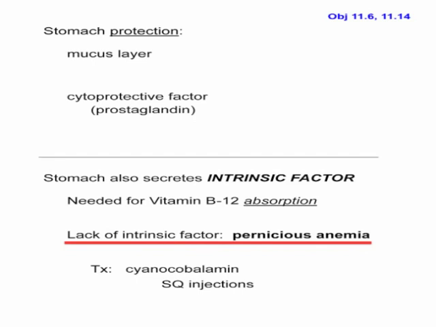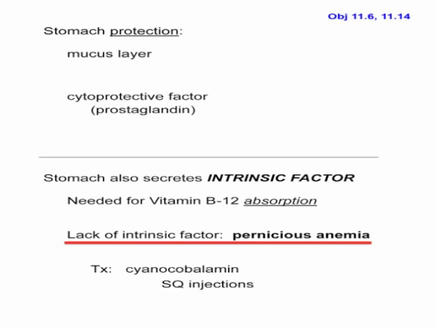The mucus layer is created or released by prostaglandins, a cytoprotective factor. Prostaglandin is affected by certain drugs, especially NSAIDs and steroids. They block prostaglandin production. The stomach also secretes intrinsic factor, which is needed for the absorption of vitamin B12.